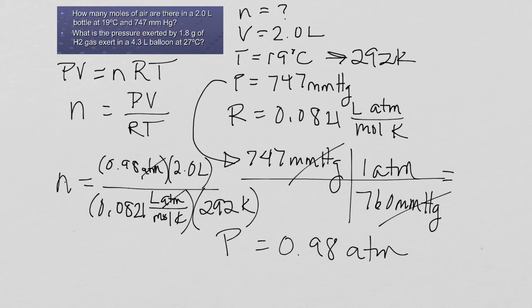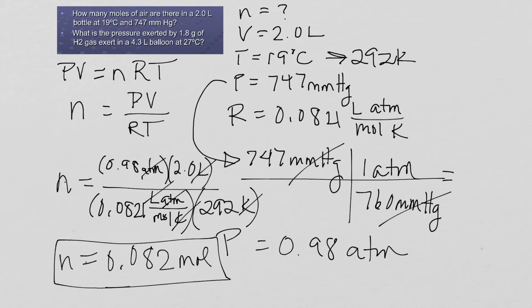Atmospheres cancel, liters cancel, Kelvin cancels, and it leaves me with 1 over 1 over moles, which ends up basically being moles. If I do my number crunching on this, I find that my answer is 0.082 moles. That is the answer for the first one.